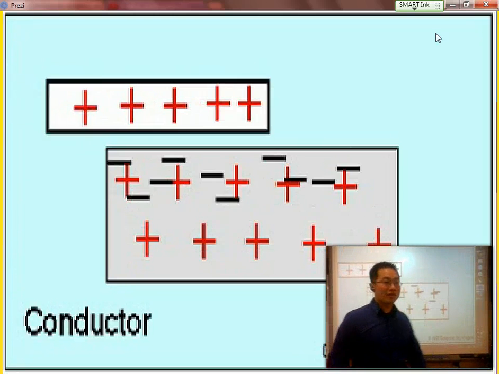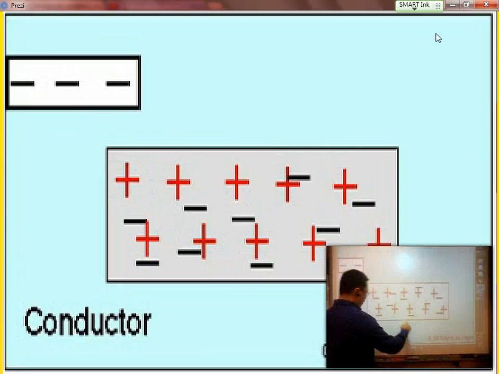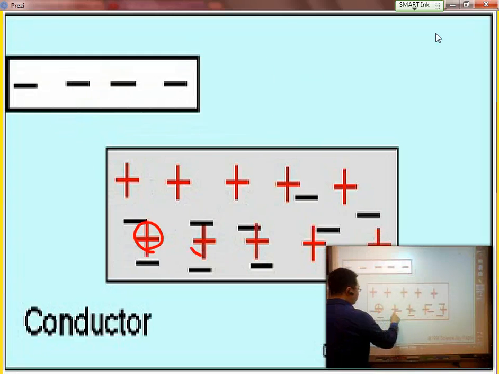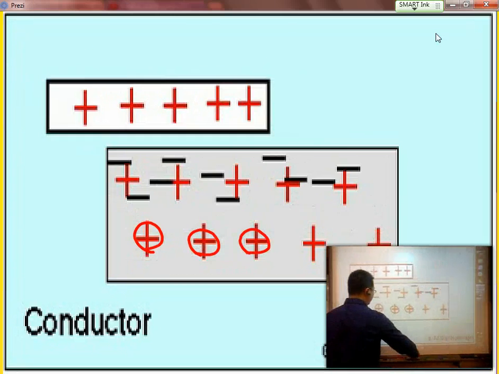Whether you bring a positive charge over or a negative charge over, you can see that the protons themselves will always remain in place, but that the electrons are free to move around.